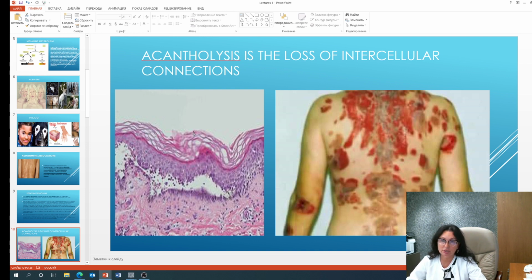And this histological picture shows a split between layers, the stratum spinosum from the stratum granulosum and the stratum basale.